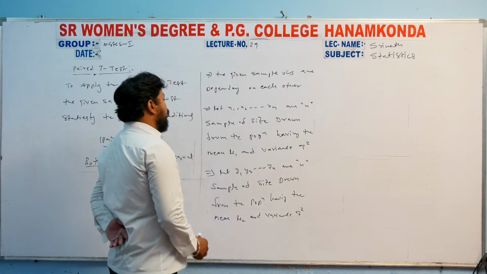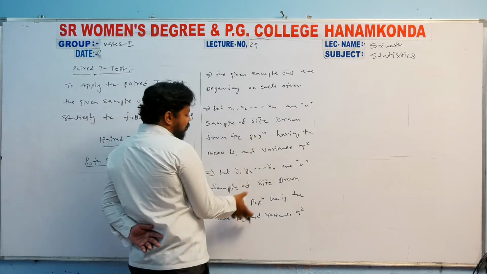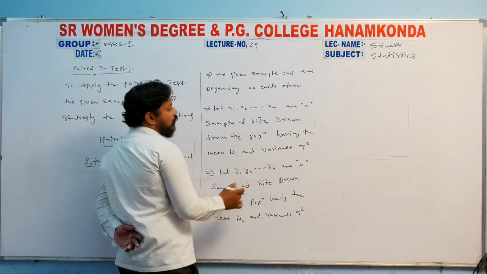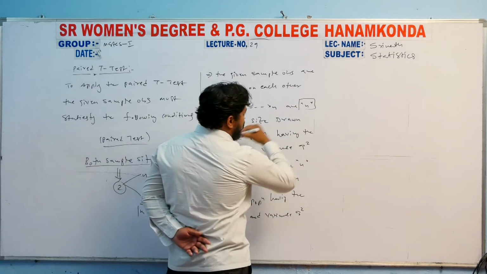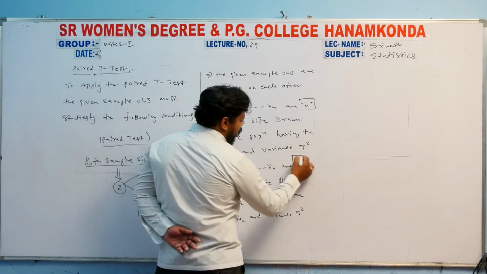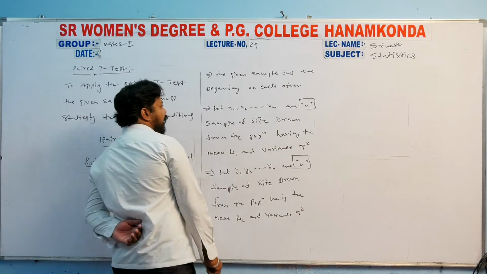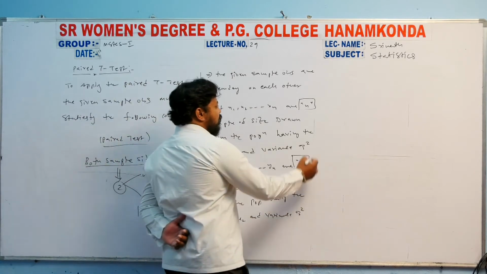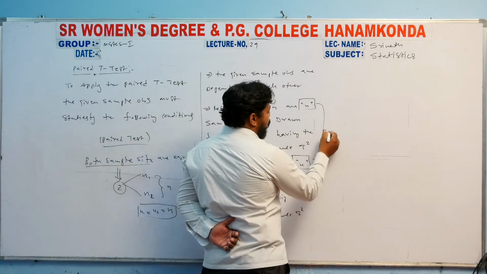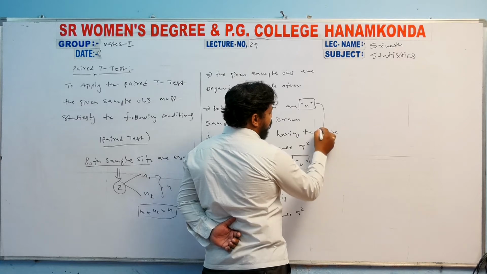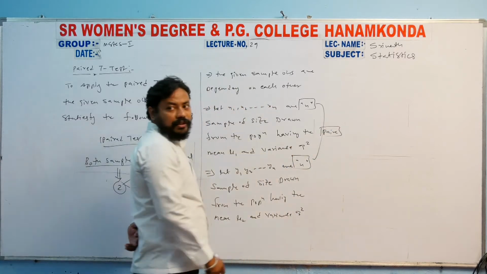In these two cases, this is the first data and this is the second data, and the sample sizes are equal, n and n. That should be considered as a paired t-test, and we use the paired t-test.